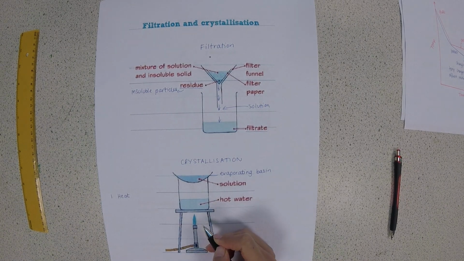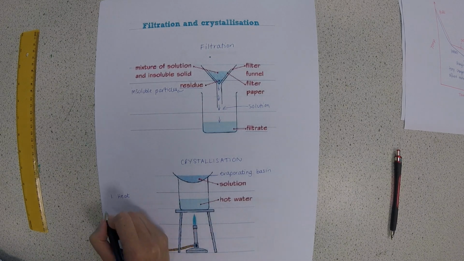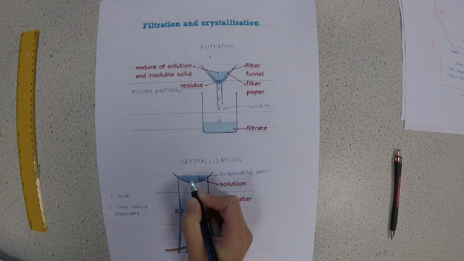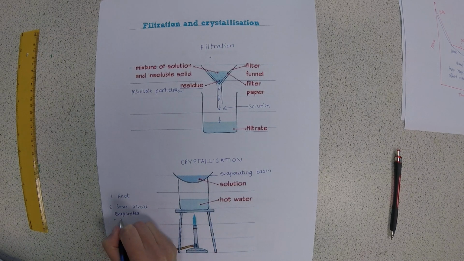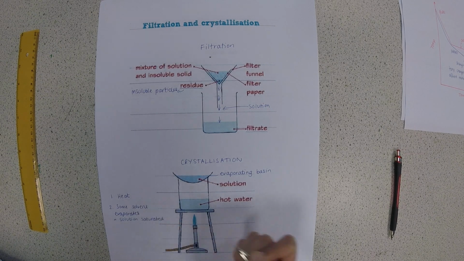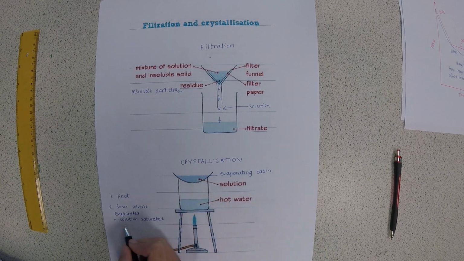Now the purpose of heating it over your Bunsen burner is to get some of the solvent to evaporate. You need to do that so that the solution becomes saturated. So you cannot dissolve any more salt in that. That's what saturated means. You can't get any more of the soluble particles in there.